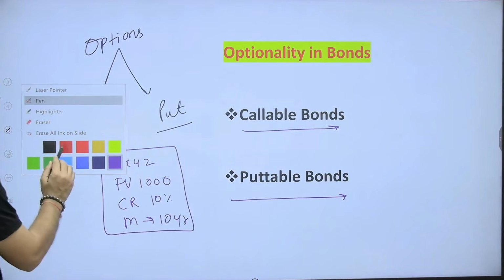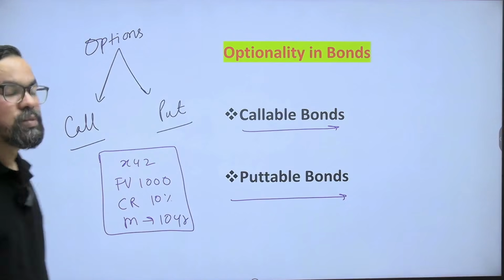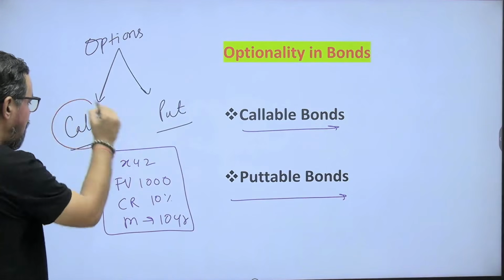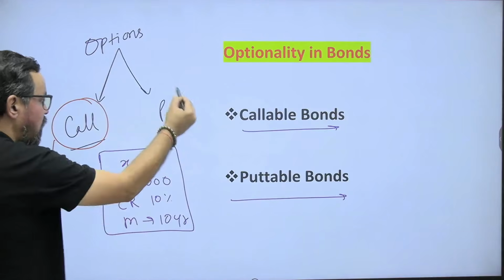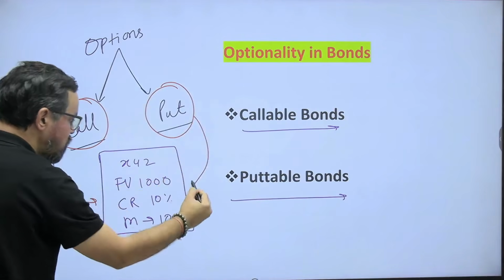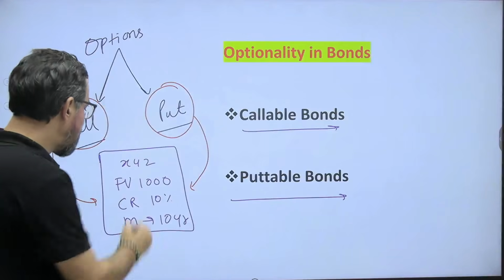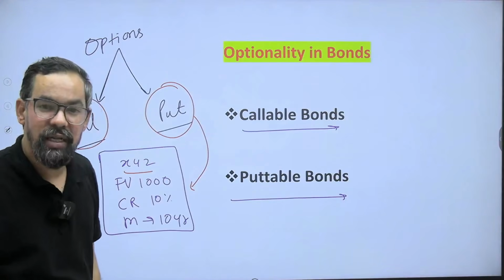Now in this particular case, this bond can have two options, one is callable, another one is putable. If the bond issued by XYZ Limited is a callable bond, that gives a right to the issuer.